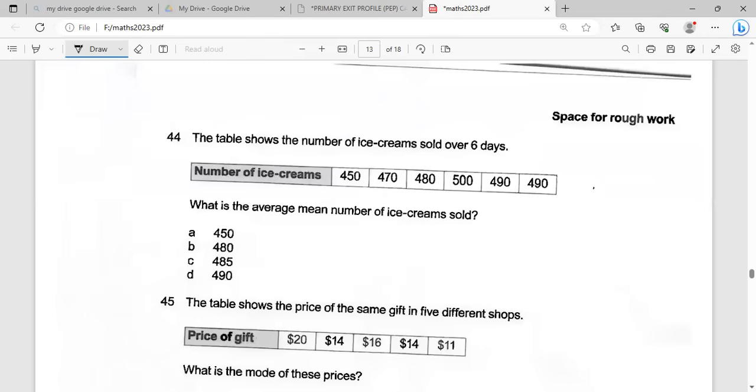Number 44. The table shows the number of ice creams sold for 6 days. What is the average mean number of ice creams sold? So we can estimate it. All right. I could say 490. Assume 490. So take 10 off of this. We get no less than 490. So let's say 480.